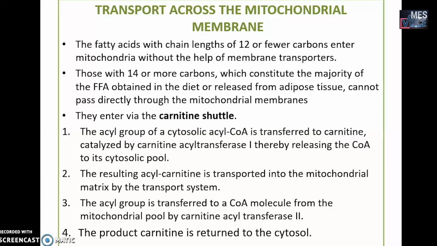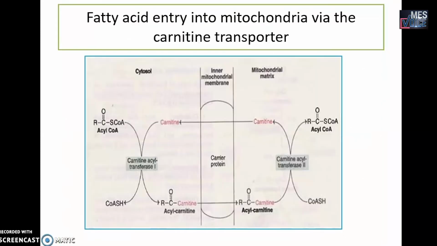Second step, the resulting acyl carnitine is transported into the mitochondrial matrix by the transport system. Then, third step, the acyl group is transferred to a coenzyme A molecule from the mitochondrial pool by carnitine acyl transferase 2. And finally, the product carnitine is returned to cytosol.